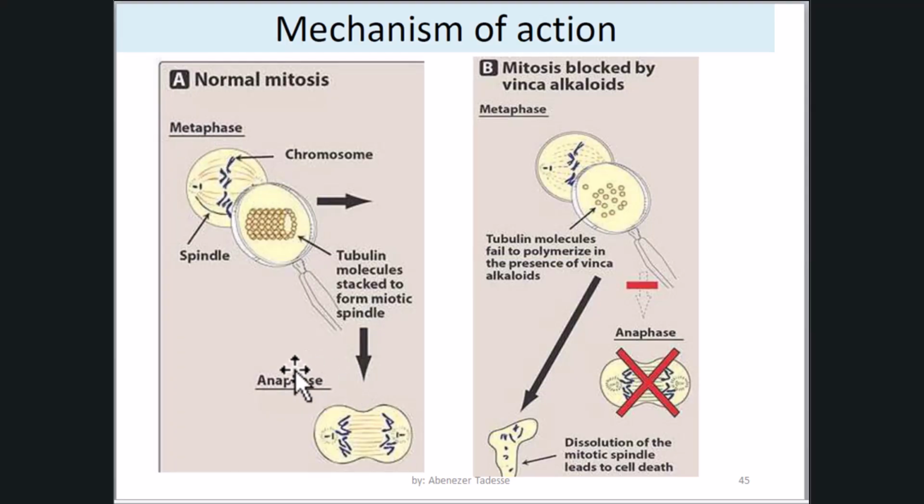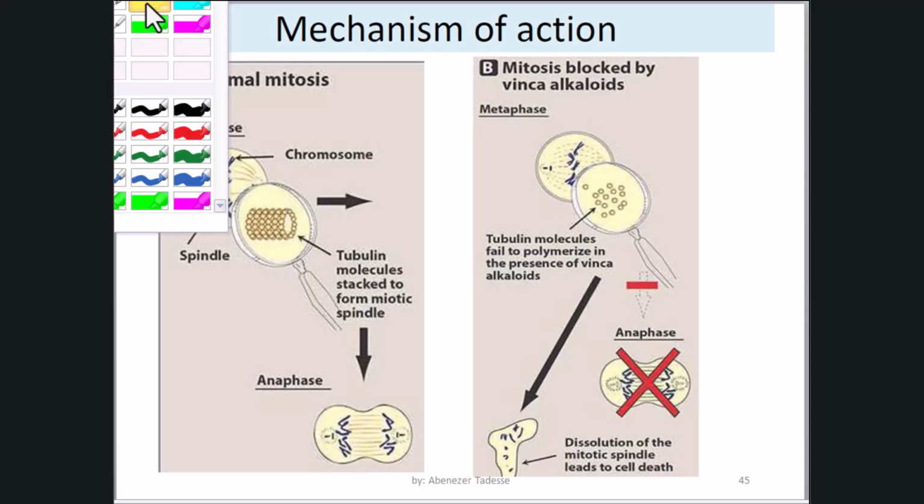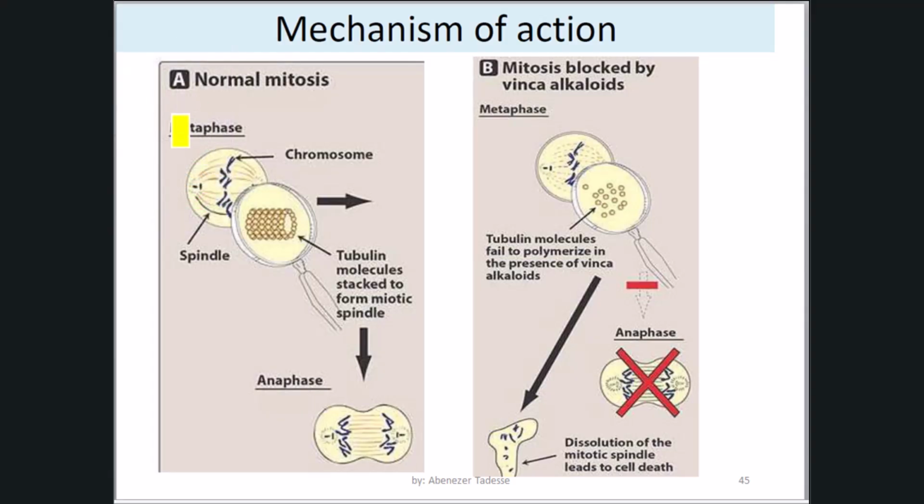the diagram. So from metaphase to anaphase, there will be polymerization in order to separate the chromosomes. As you see, this chromosome and this chromosome are successfully separated to the opposite poles.